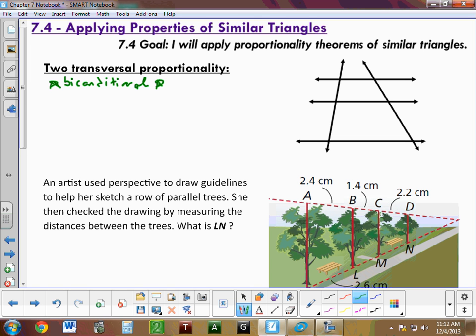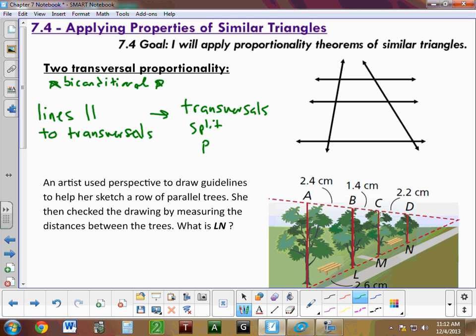I'll say that again. If you have lines that are parallel to transversals, that means the transversals are split proportionally.